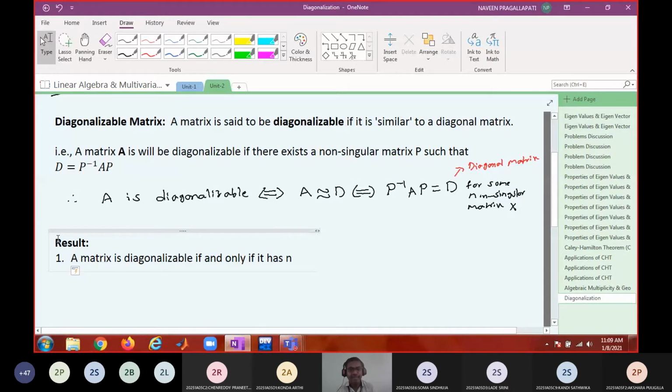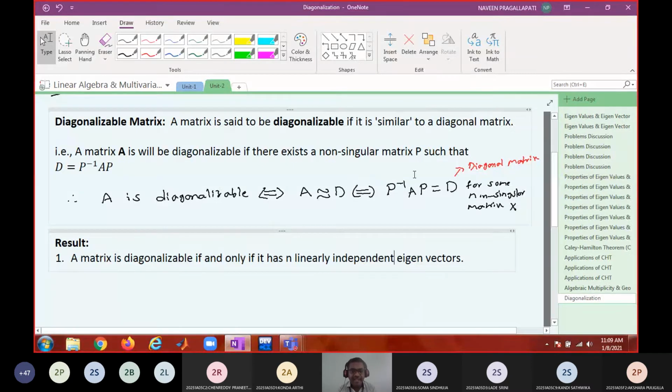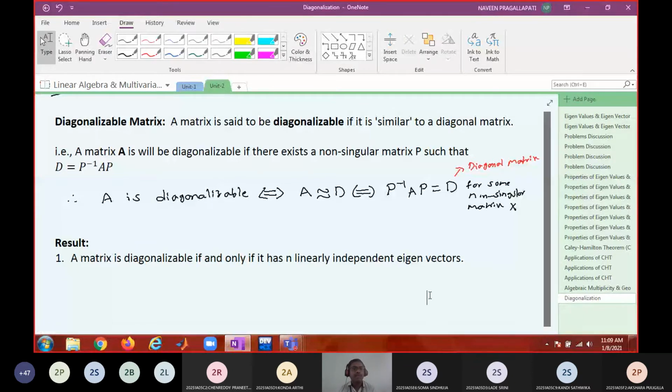A matrix is diagonalizable if and only if it has n linearly independent eigenvectors. Now, did you understand the connection between diagonalization and the previous concept, algebraic multiplicity and geometric multiplicity? Yes, sir. Now, when will it have n linearly independent eigenvectors?